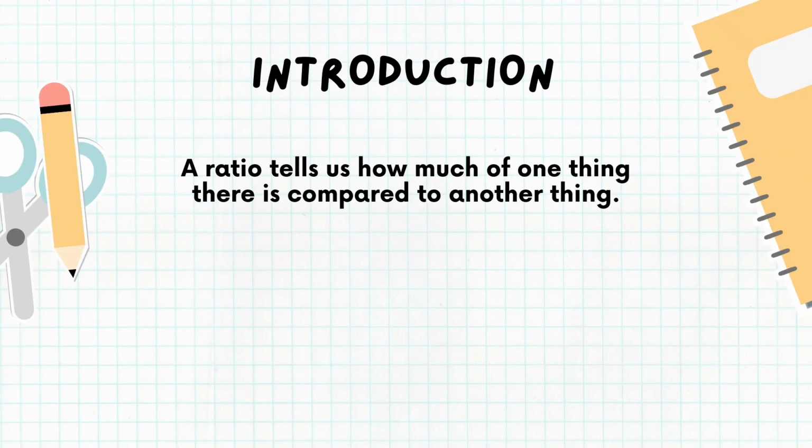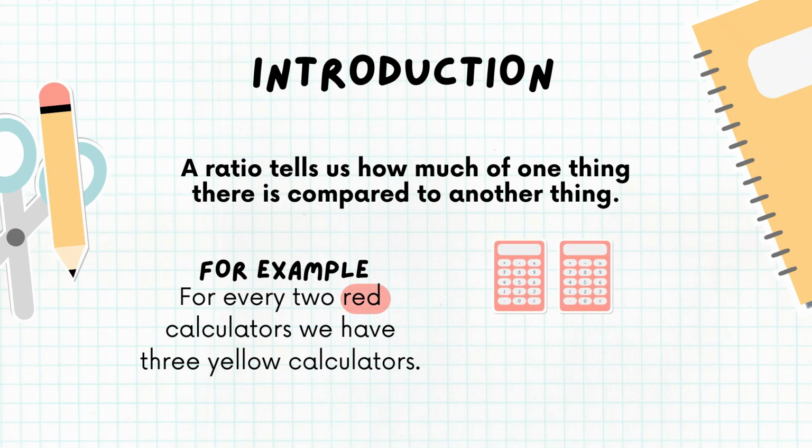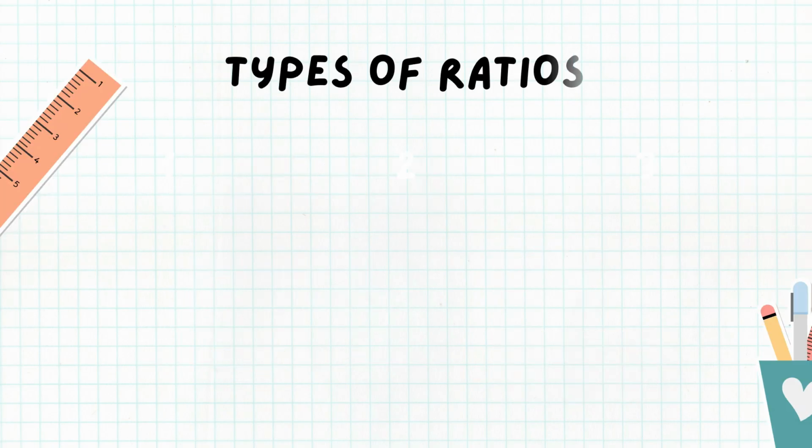A ratio tells us how much of one thing there is compared to another thing. For example, for every 2 red calculators, we have 3 yellow calculators. Types of ratios. The first one is part to part.